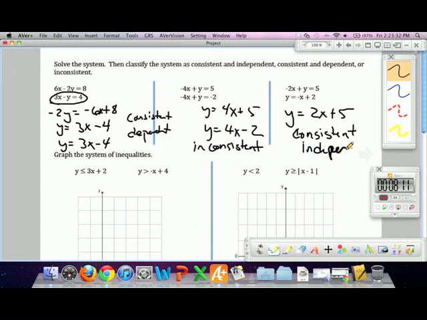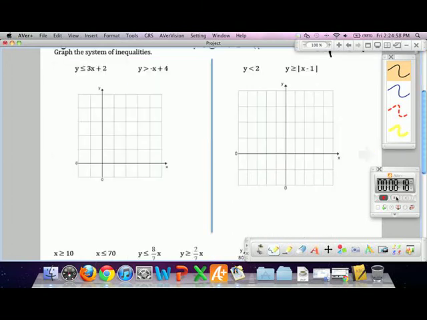Okay. So we'll graph to find the solution area to a system of inequalities. We'll graph both, shade both, and the solution area is where they overlap.